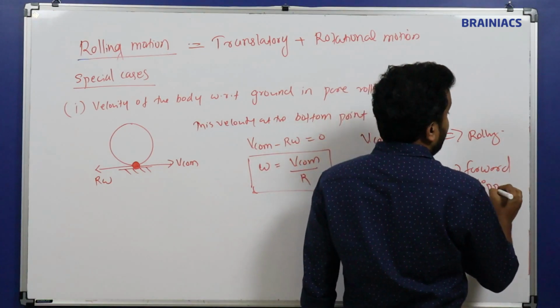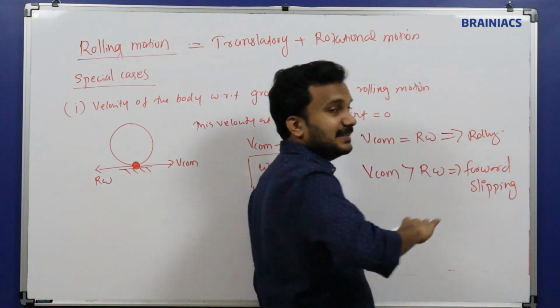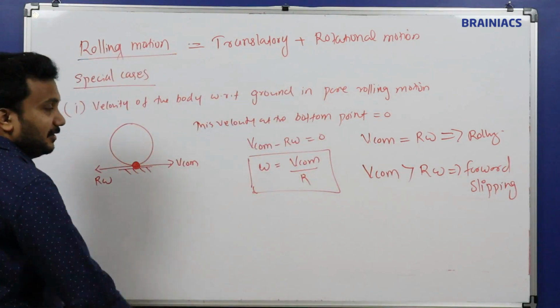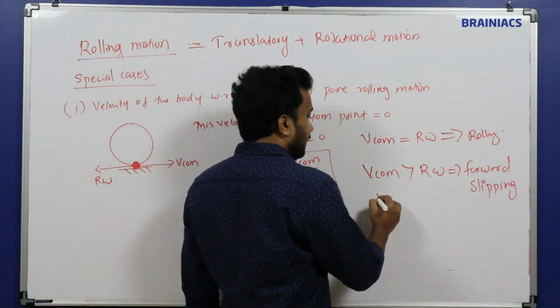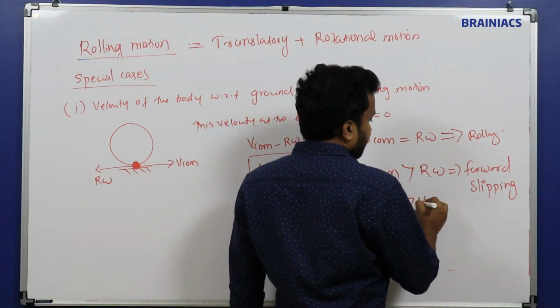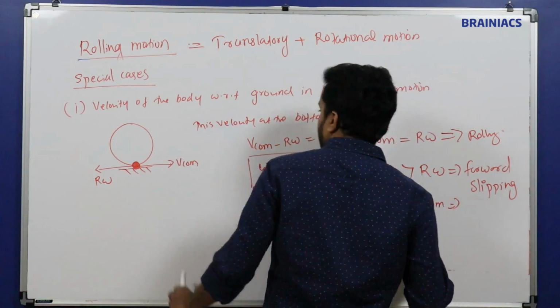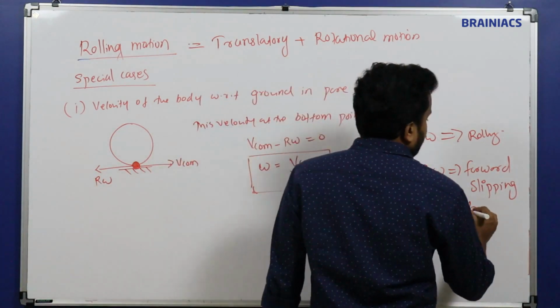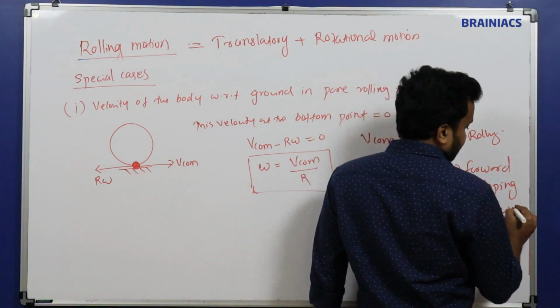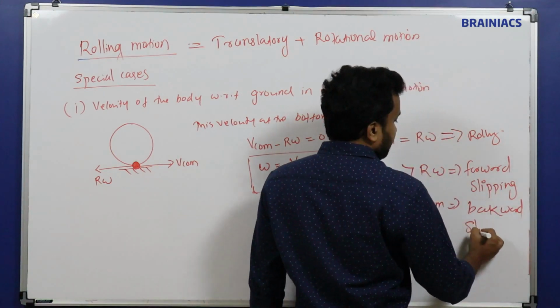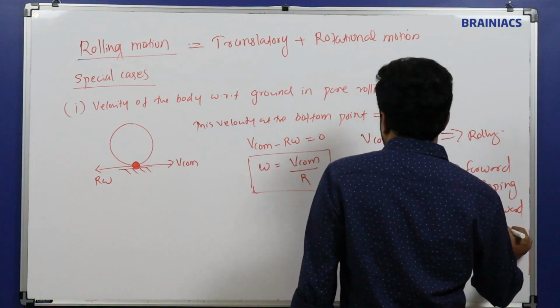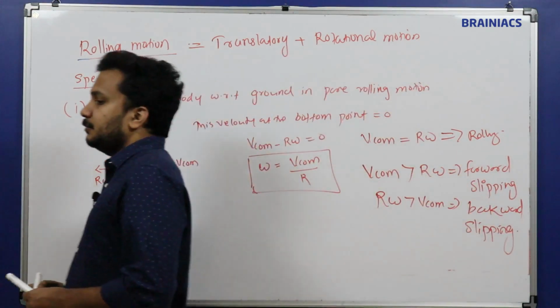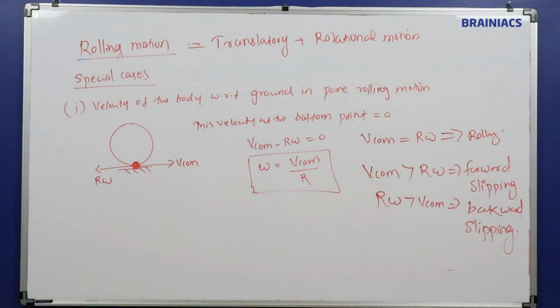There is no rolling, it's like sliding or skidding. In another way, if r omega is greater than vcom, then it's backward slipping. To have rolling motion, both velocities should be equal to one another.